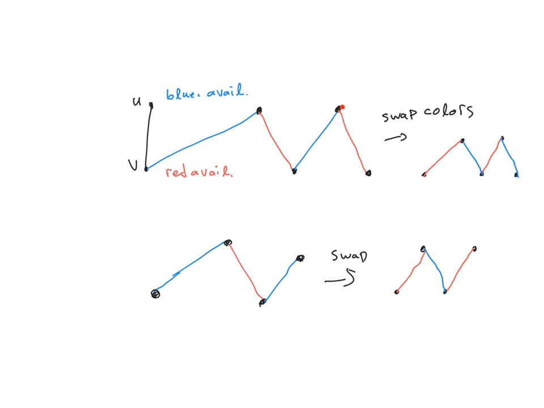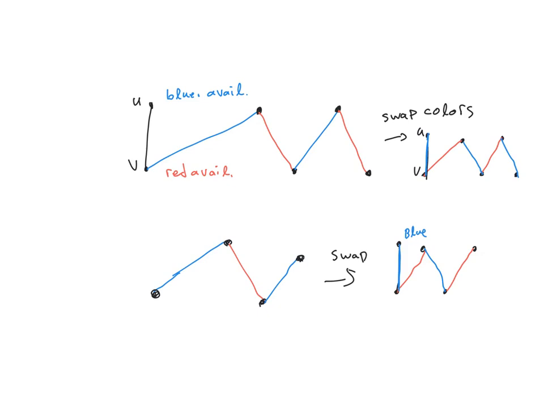Anything that was incident with this red edge is now incident with this red edge, so you're going to still maintain the property of being a proper edge coloring. And moreover, now if you look at the U and V vertices that you were actually interested in coloring in the first place, you now see that the same color is available, blue. It's available in both cases. So now you can color this remaining edge.